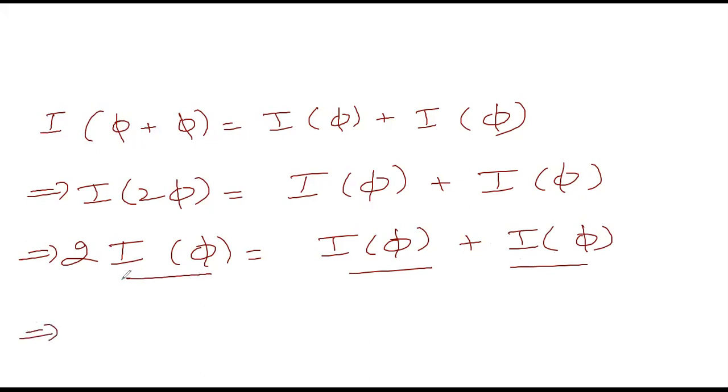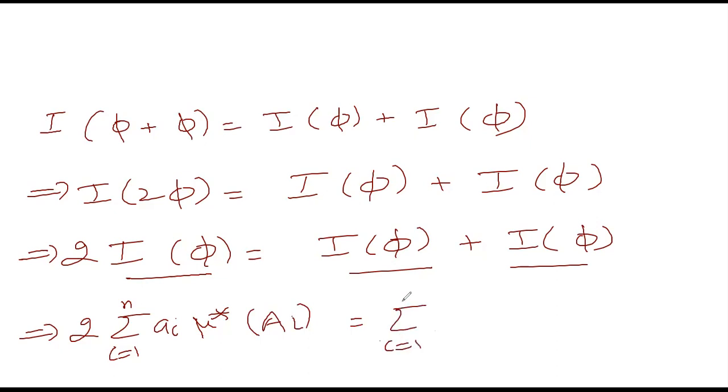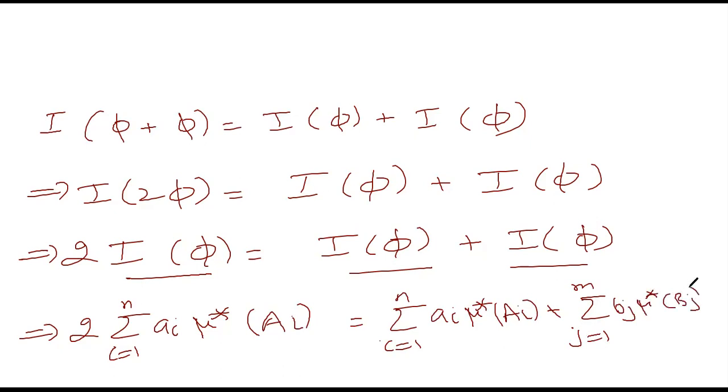So on this side the standard representation is twice the summation, i runs from 1 to n, of ai mu star of ai, and on this side the first one is the standard representation, summation i runs from 1 to n ai mu star of ai, plus this one, the second representation, which you can see in the previous lecture, summation j runs from 1 to m bj mu star of bj.